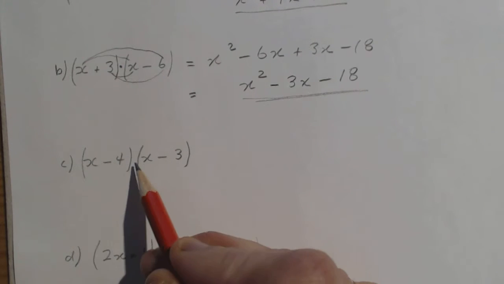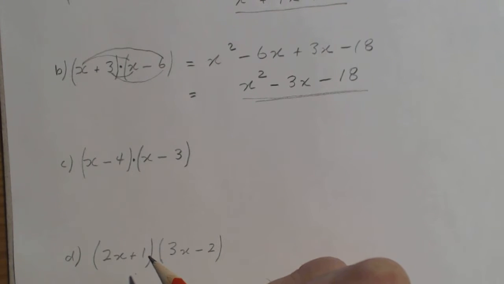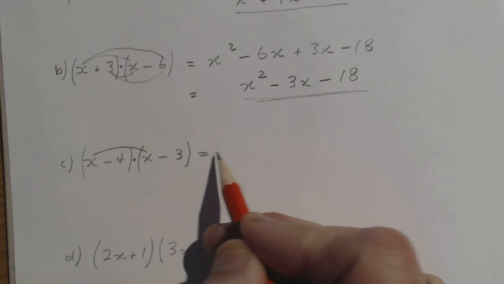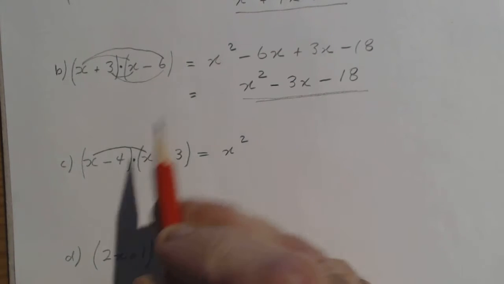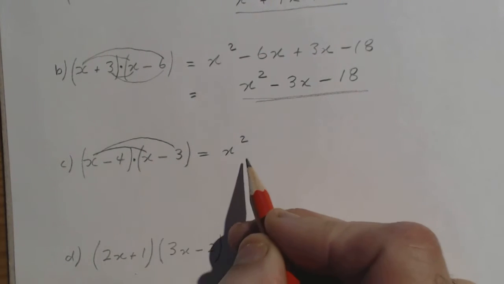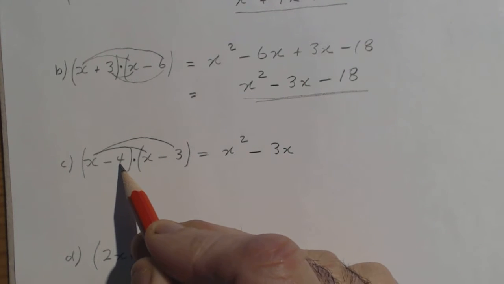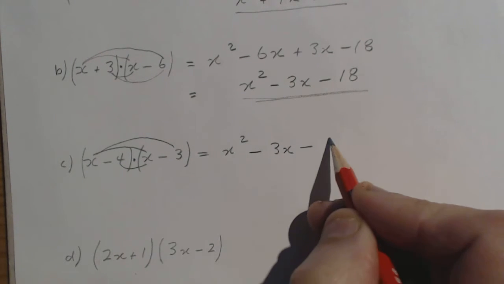Here we now have x minus 4 times x minus 3. So x times x, x squared. x times minus 3 gives minus 3x. Minus 4 times x gives minus 4x.